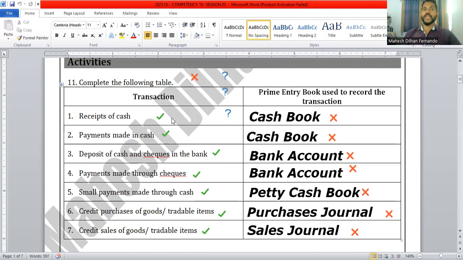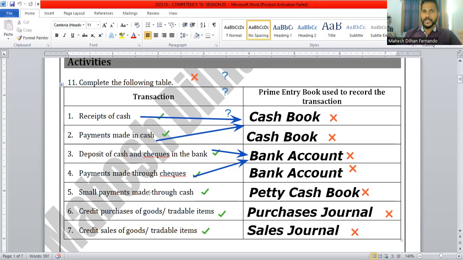Try to understand what I'm saying here. In the cash book, you can record receipts of cash and payments made in cash. In the bank account, you can record deposits and issue of checks.